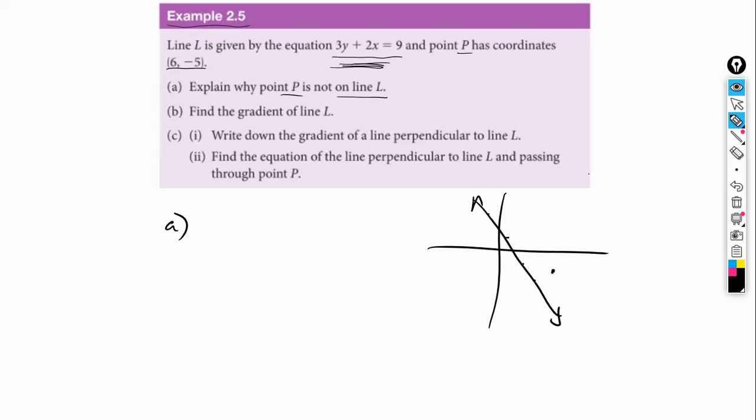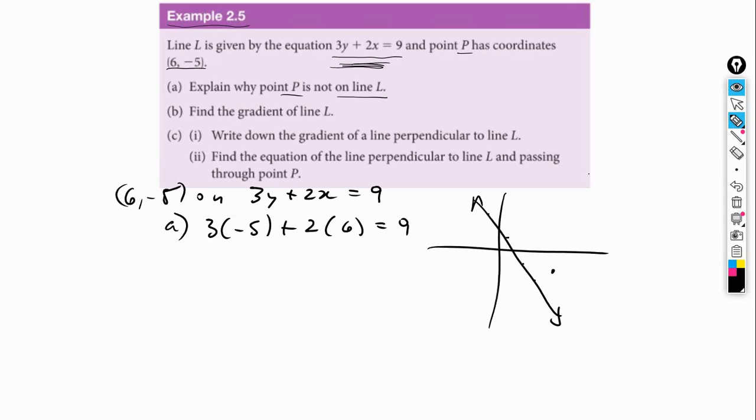Well, let's just substitute for x and y in this equation. So we would say 3 times negative 5 plus 2 times the x coordinate, which is 6, should equal 9 if the point is on the graph. Recall that we're testing 6, negative 5 on 3y plus 2x equals 9.